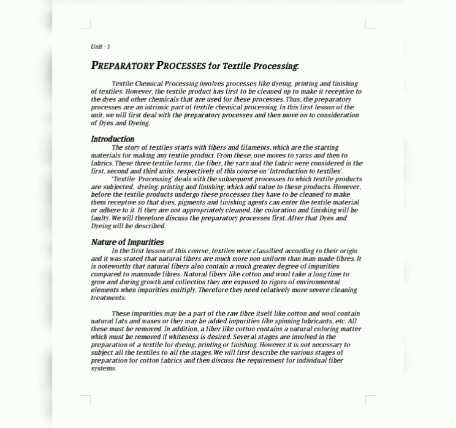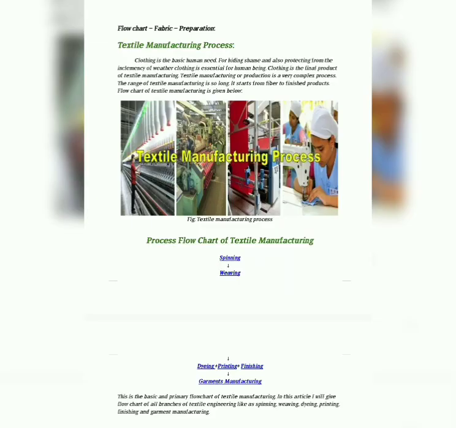These three textile forms, the fiber, the yarn and the fabric, we consider in the first, second and third units respectively of this course, Introduction of Textile. Textile processing deals with the processes to which a textile product is subjected: dyeing, printing and finishing, which add value to these products.